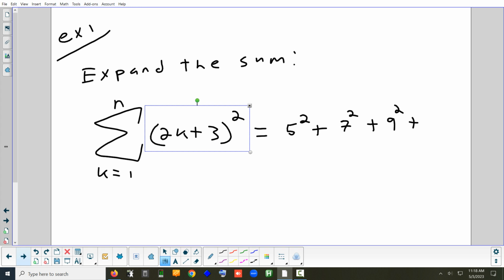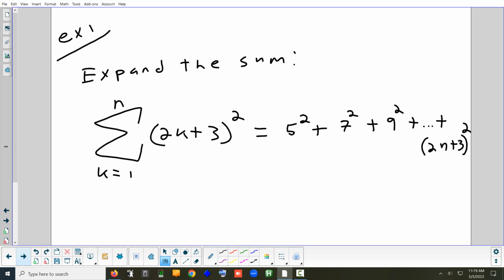Now we're going to do plus dot, dot, dot, which means there could be a bunch more. And what's going to be the last value that we plug in? n. And what do you get when you plug in n? 2n plus 3 squared. So that's how you would expand that out.